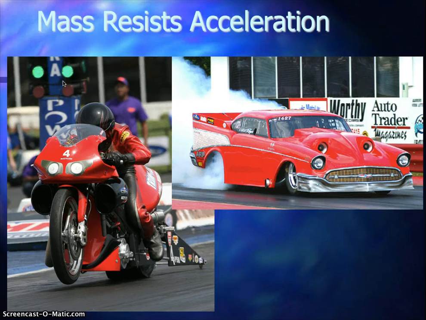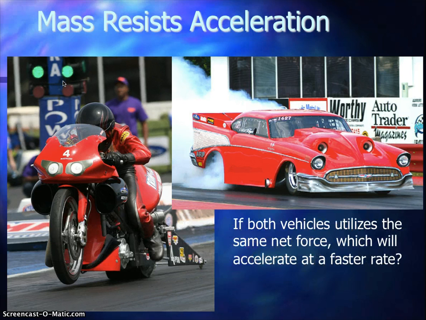If both vehicles exert the same amount of force, the one with more mass will accelerate at a lower rate than the one with less mass. So the question is, if both vehicles utilize the same net force, which will accelerate at a faster rate? That's pretty self-evident at this point.